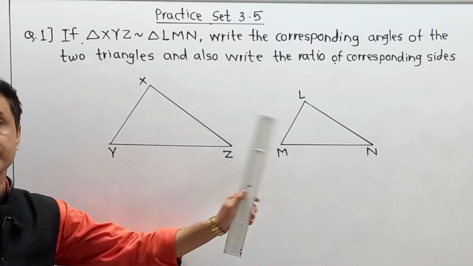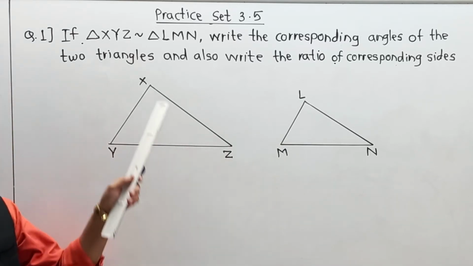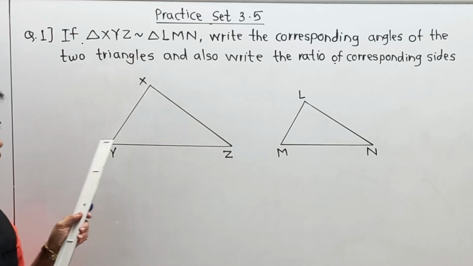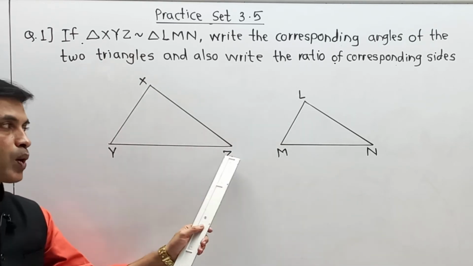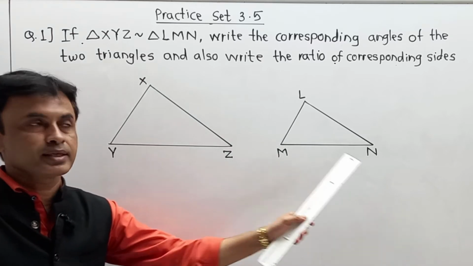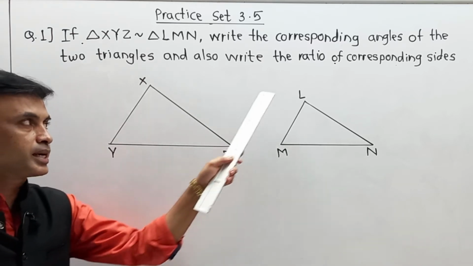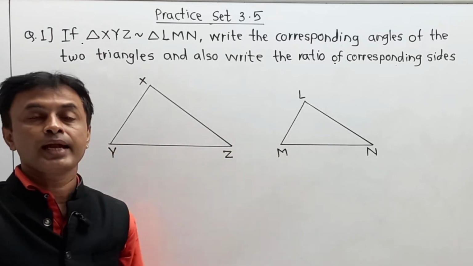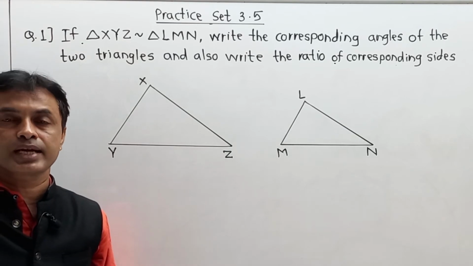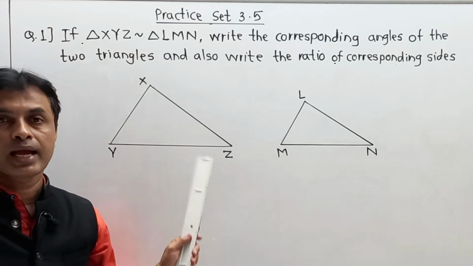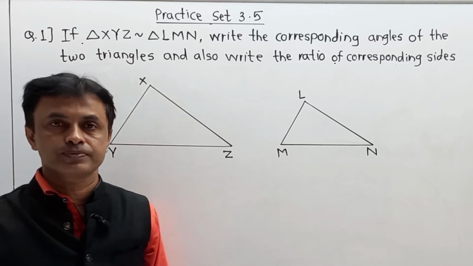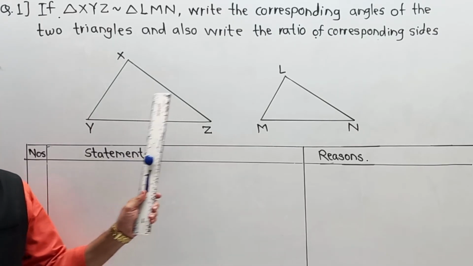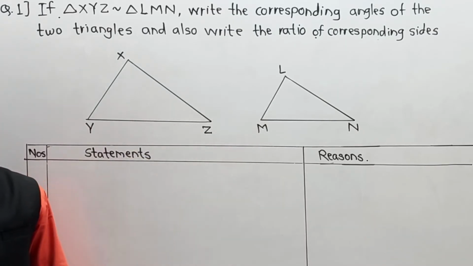After showing the angles as congruent, we go for the ratio of sides: XY upon LM is equal to YZ upon MN is equal to XZ upon LN. In this way, we write corresponding sides and angles of that part.